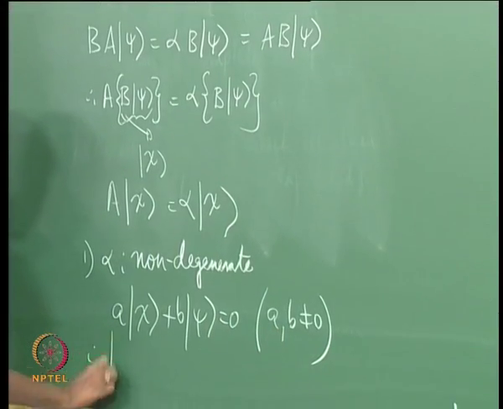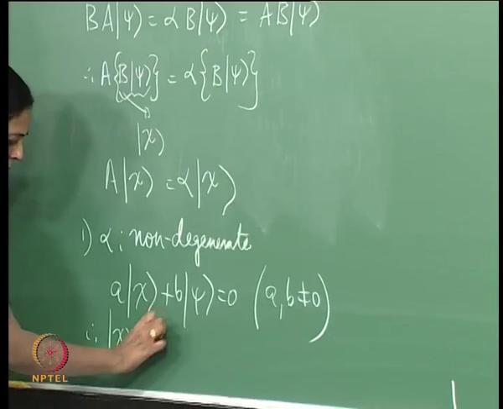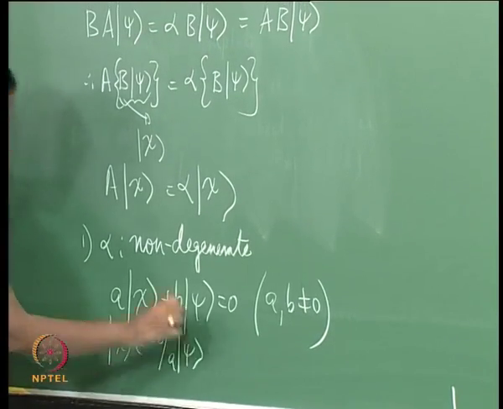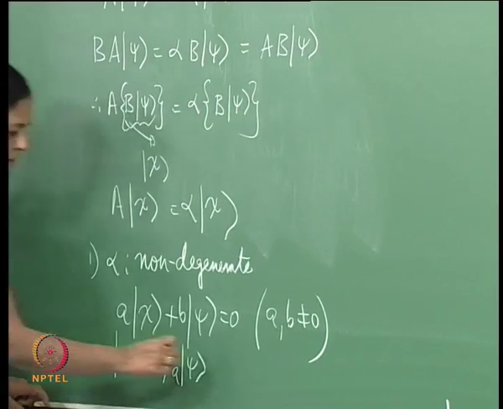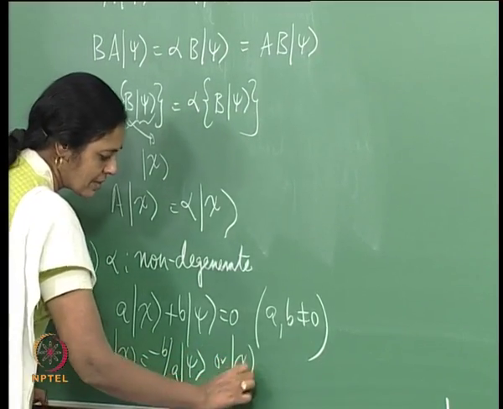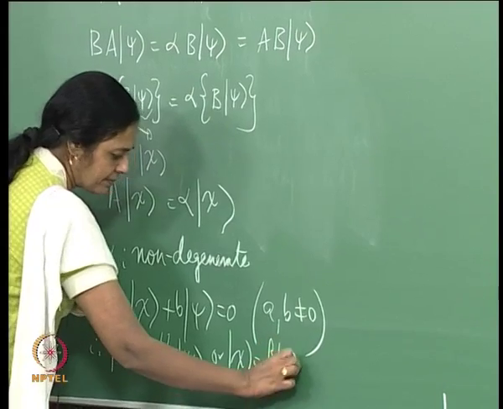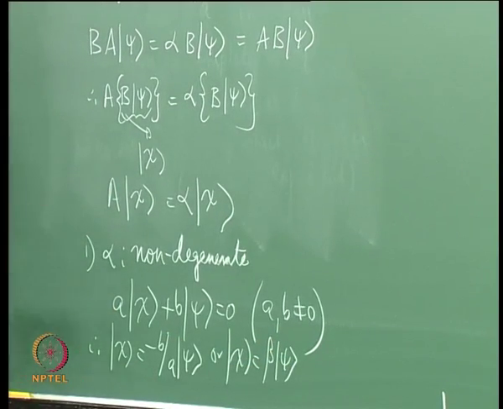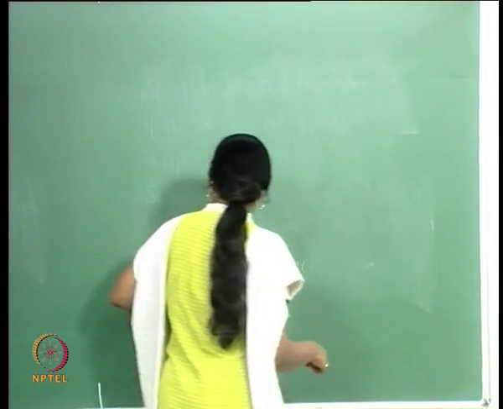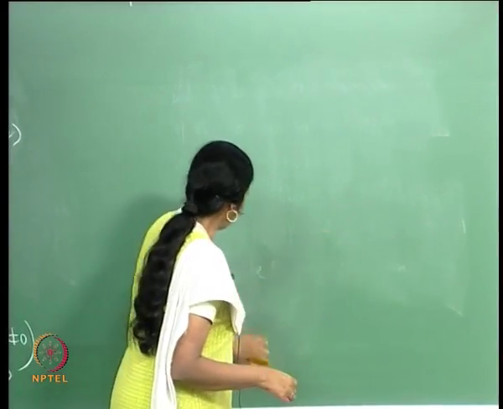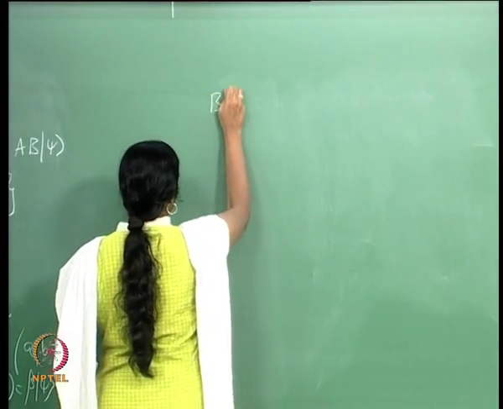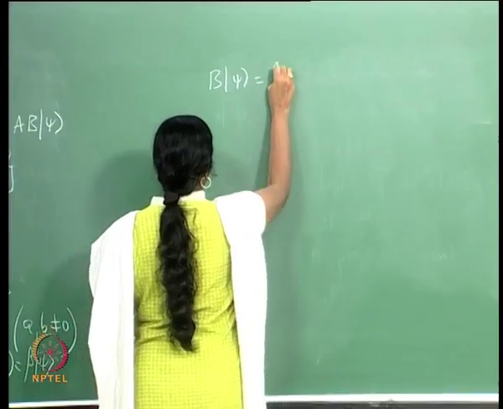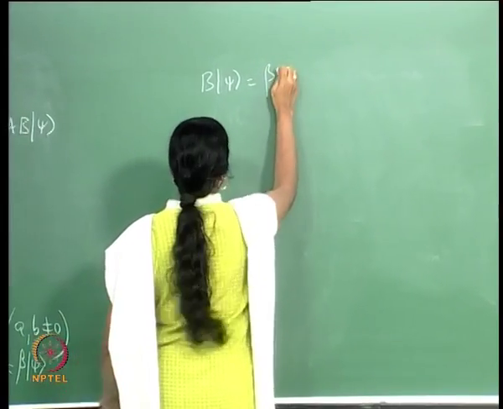Therefore, chi is minus b by a psi, or chi is equal to some beta psi. That is the only way by which this could have happened. Clearly, this means writing chi in terms of B psi, B psi is equal to beta psi.